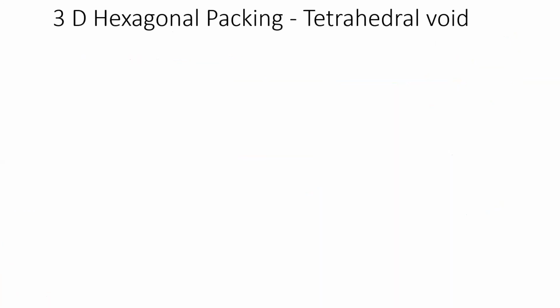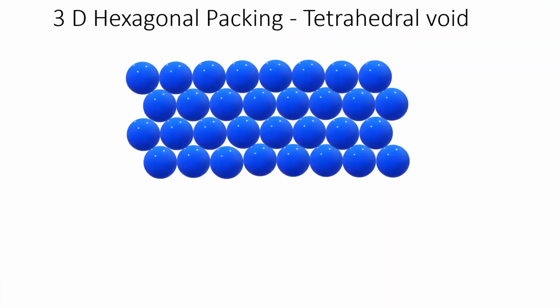Okay. And the tetrahedral void. How can we find the tetrahedral void? For this, I'm assuming it is hexagonal close packing only. Hexagonal close packing means we are in need of a second layer also. Am I right? Because we are going to place that in a staggered manner. Okay.